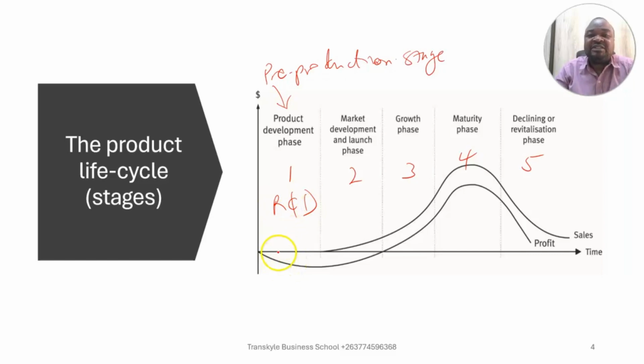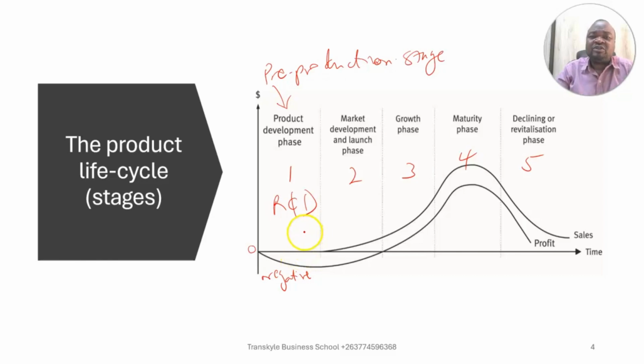So you can see that at this level, remember this is the level of income we get from the product. So they are largely negative incomes or cash outflows. Why? Because we'll be only investing in research and development of the product. No market introduction has been done at this stage.